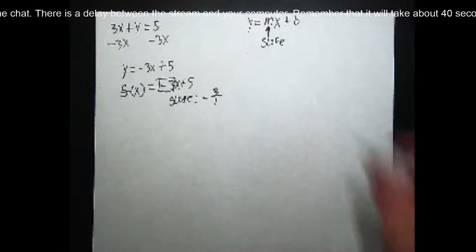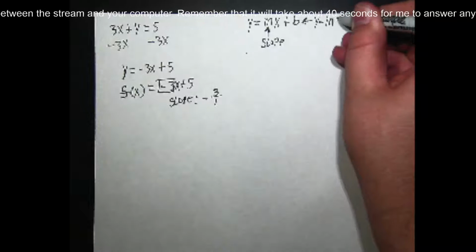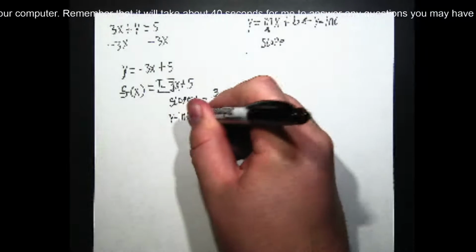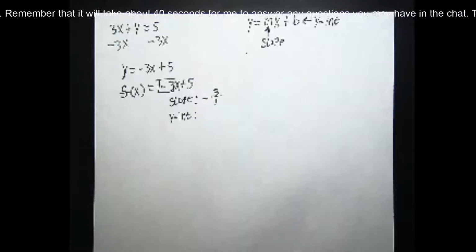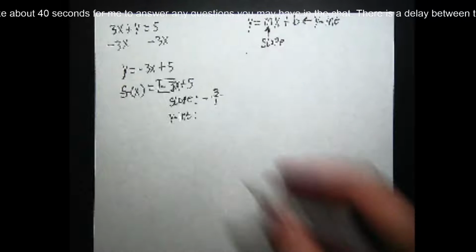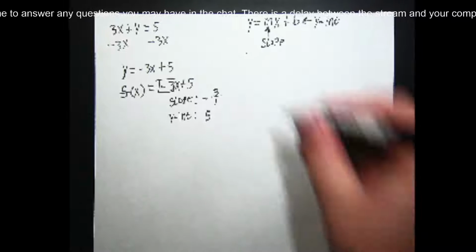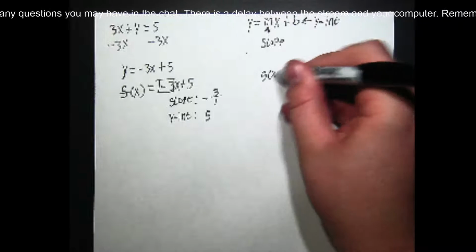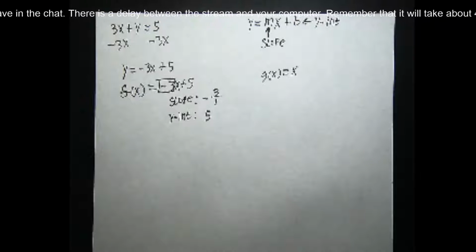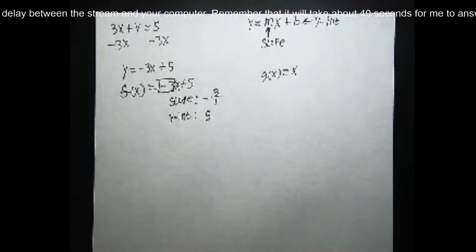The other part is the y-intercept. The y-intercept tells us basically how much this function has shifted from a normal. So you can imagine if we just had the function maybe g of x equals x. Well, then nothing has changed.